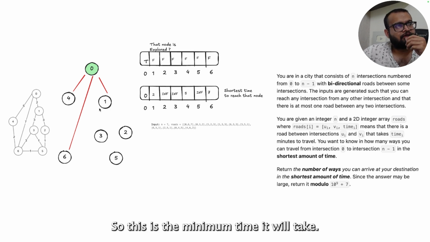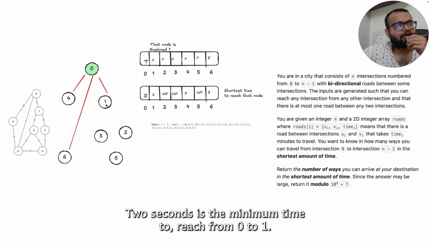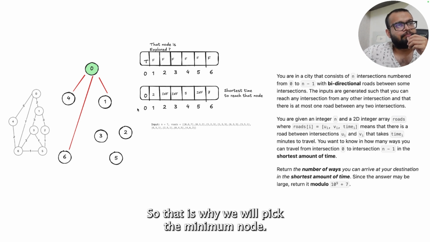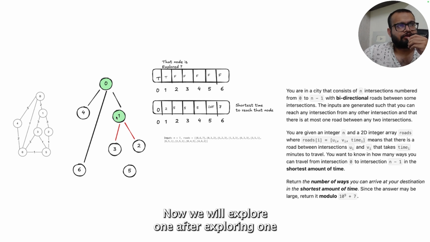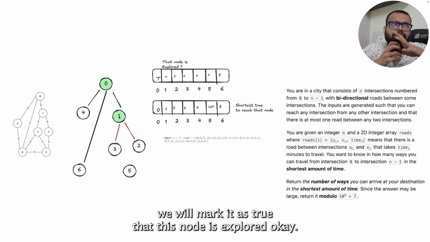This is the minimum time, definitely not less than that. 2 seconds is the minimum time to reach from 0 to 1. So that's why we pick the minimum node, which here is 1. Now we will explore 1, and after exploring it, we will mark it as true, meaning this node is explored.